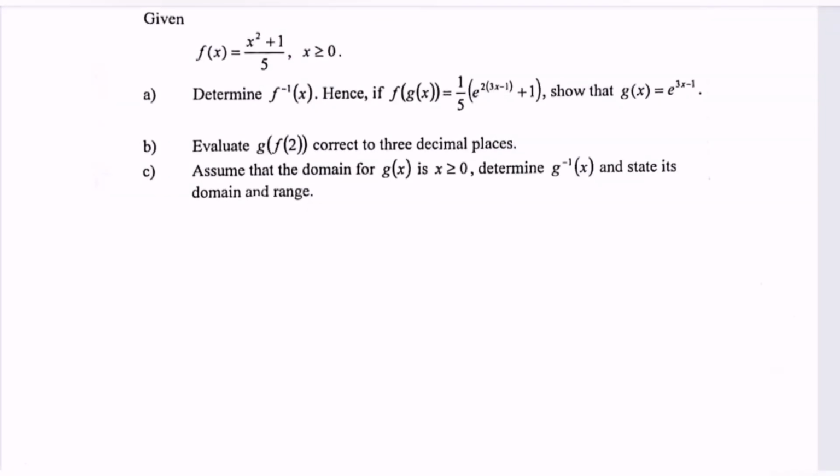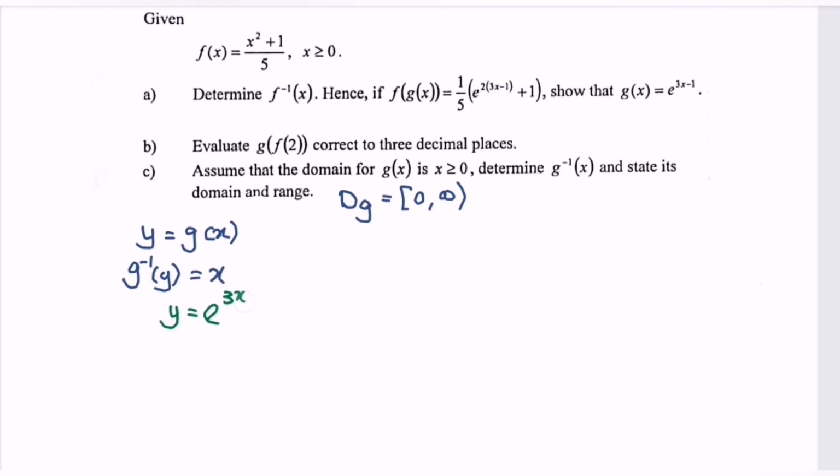By referring to part C, assume that the domain for g is from 0 until positive infinity. Determine the g inverse. First, we find the g inverse. Let y equal g(x), so g inverse of y is equal to x. Substitute y equal to e to the power of 3x minus 1.